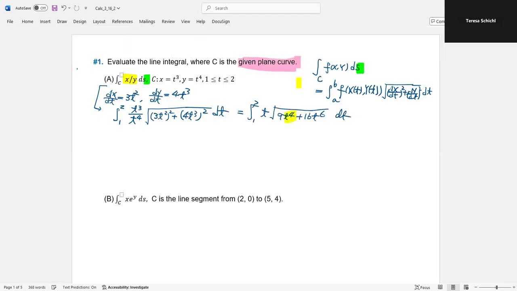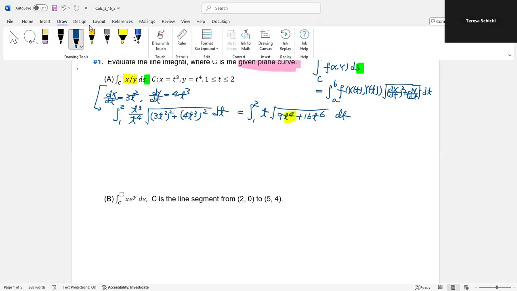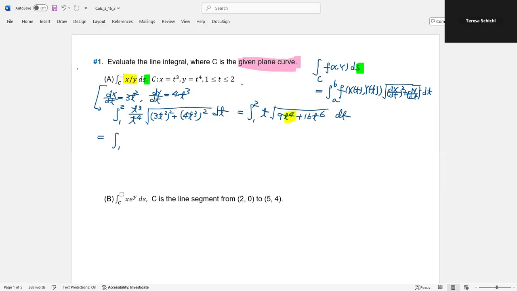The next thing is I can simplify a little by factoring the t to the 4th out, to make the integration a little easier. From 1 to 2, when you take the t to the 4th out, it becomes t squared outside the square root.